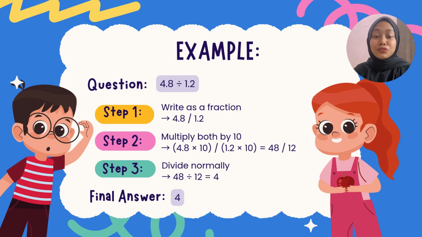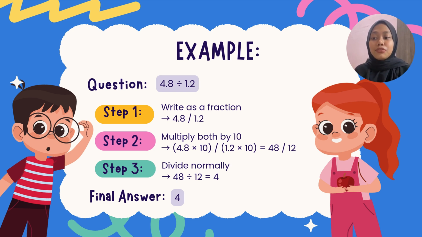So now we move to the example. The example question is 4.8 divided by 1.2. We do the first step, which is to write it as a fraction. So from 4.8 divided by 1.2, we change to the fraction form. It becomes 4.8 per 1.2. Then we continue to step 2, which is to multiply both numbers by 10.